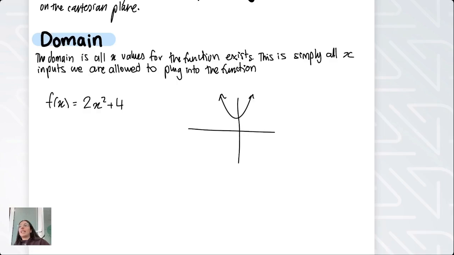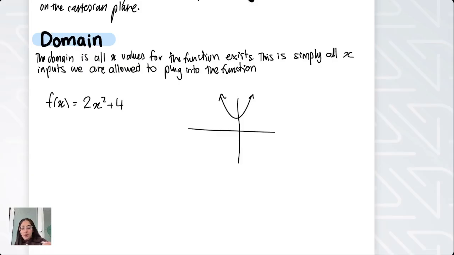Can you think of any x values that you're not allowed to plug into here? When I say not allowed to plug in, I mean the math breaks. You get a math error or something weird starts to happen. Is there any value that you're not allowed to plug into your calculator as x? Not really. You can plug anything into here. You will get an output no matter what input you put in.